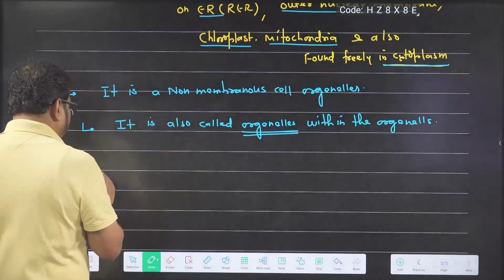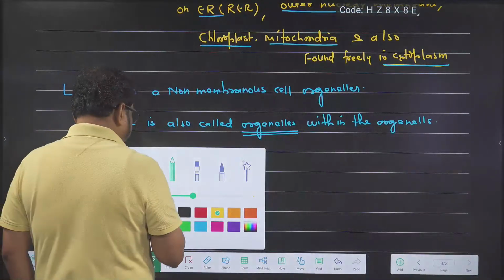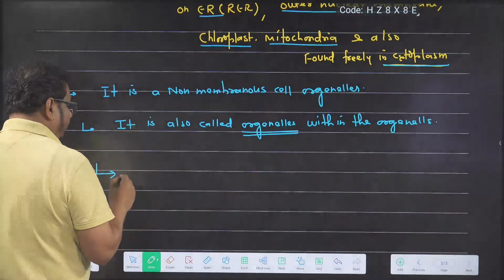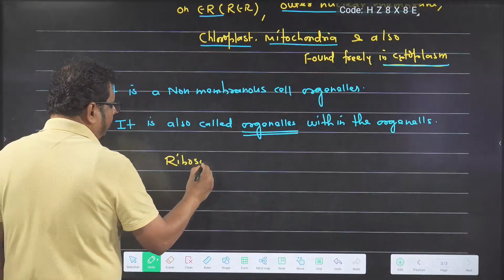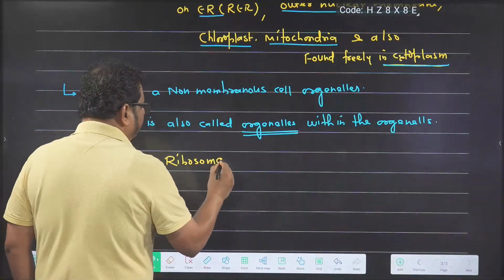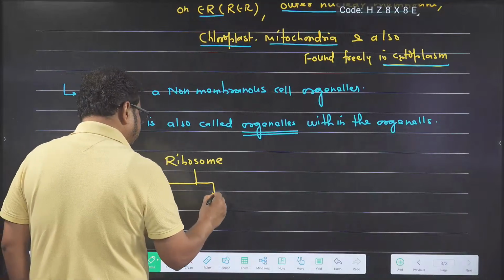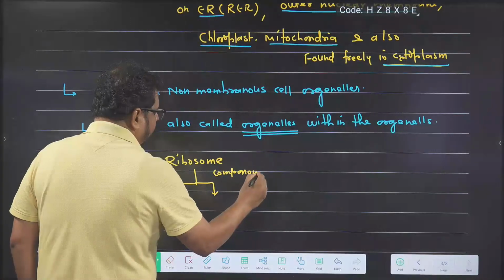Now we are going to move ahead. Sorry, ribosome composition I am telling. So ribosome is made up of two components.